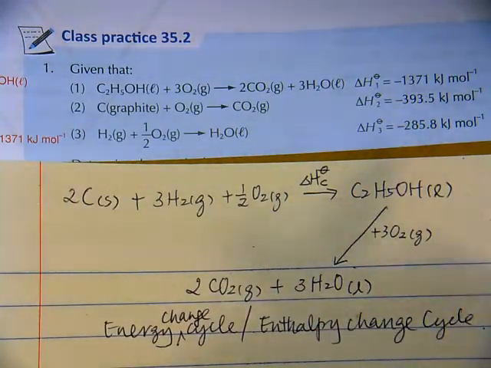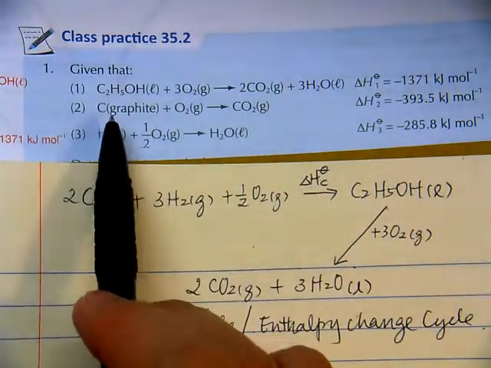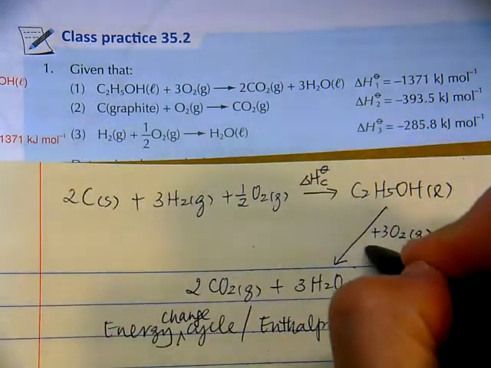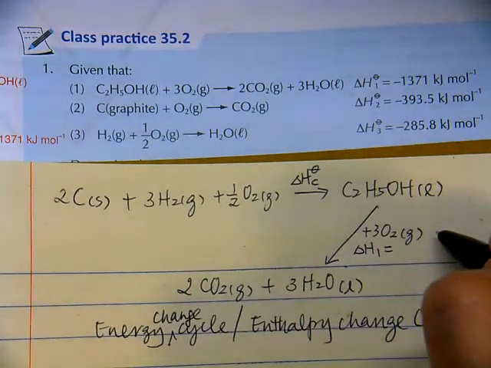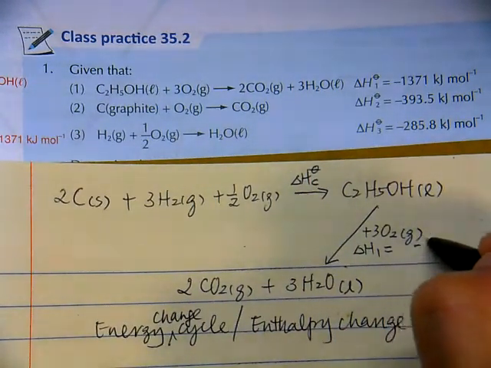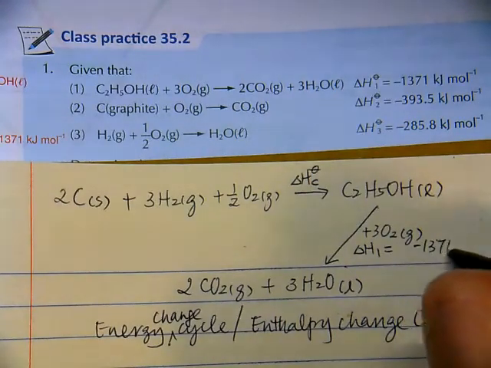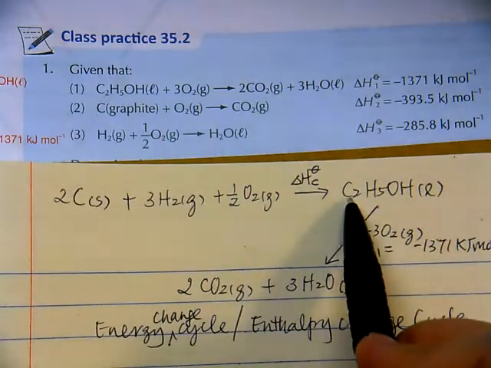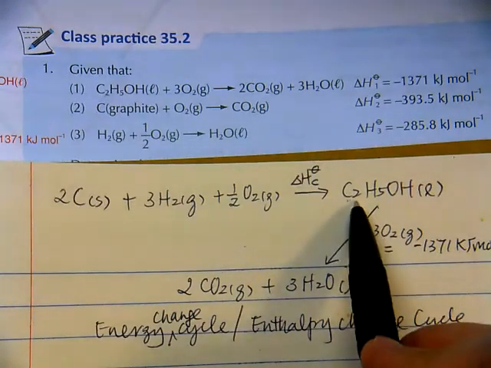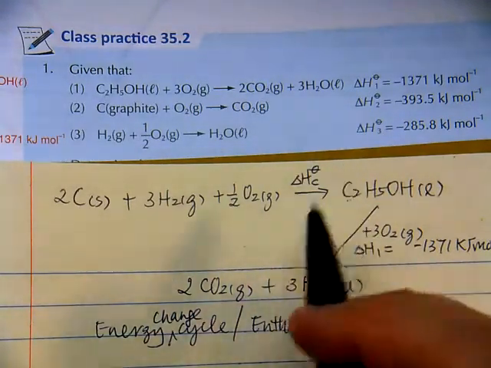Okay, and then next I label it as delta H1, which is equal to negative 1371 kilojoule per mole, because we have 1 mole of ethanol burned completely.